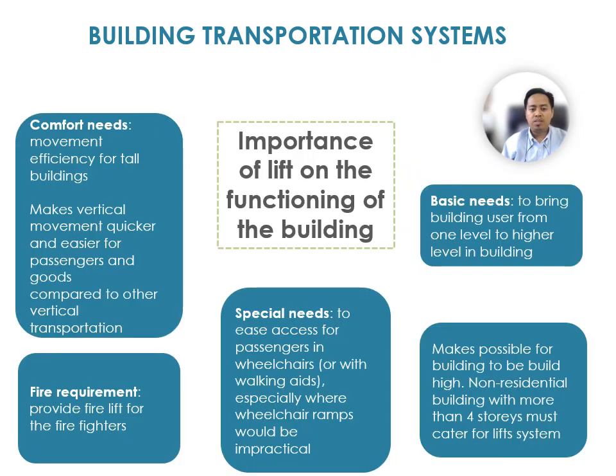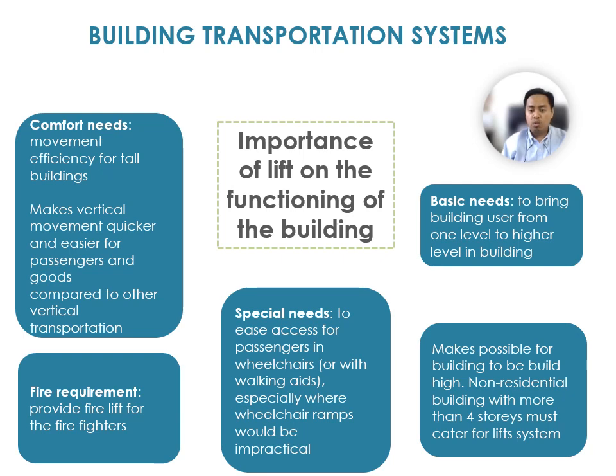Here are a few points to elaborate on the importance of lifts on the functioning of a building. Comfort need, movement efficient for tall buildings, makes vertical movement quicker and easier for passengers and goods compared to other vertical transportation. Fire requirement, provide fire lift for the firefighters.